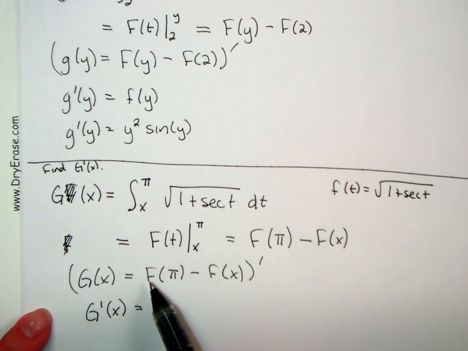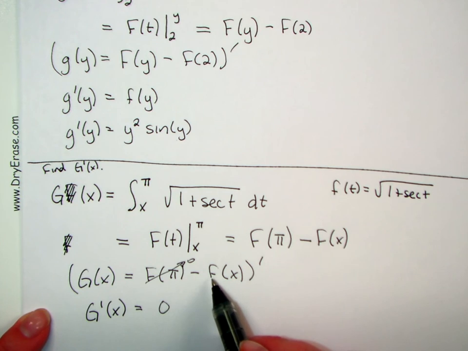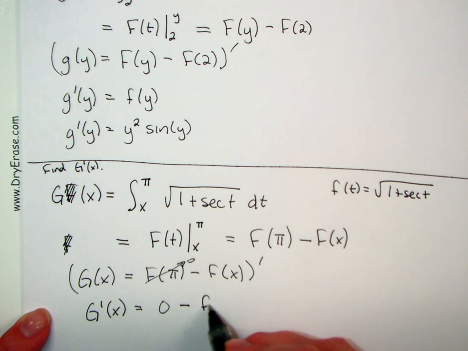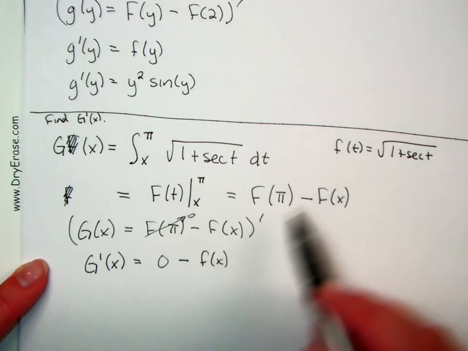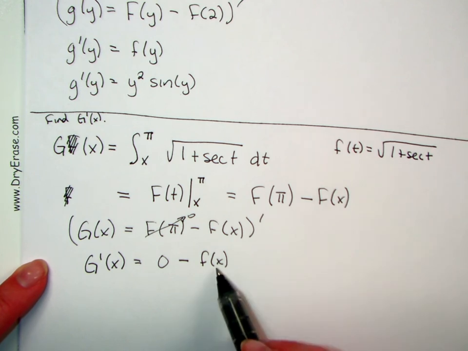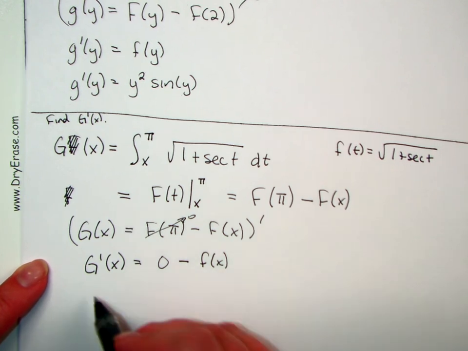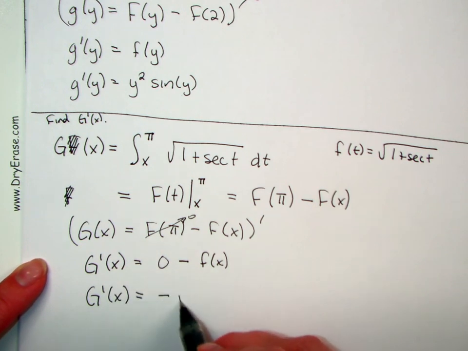Now, the antiderivative evaluated at pi is just a constant, so this is going to go to 0. Okay, all of this goes to 0. And then the derivative of the antiderivative gets us back to little f. So we're going to get minus little f of x. So what is little f of x? Well, if little f of t is the square root of 1 plus secant t, little f of x is the square root of 1 plus secant x. So I get g prime of x equals negative the square root of 1 plus secant x.